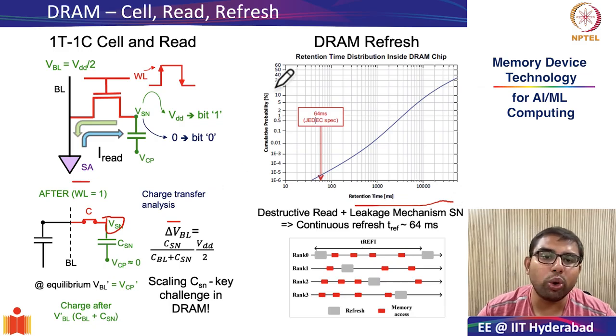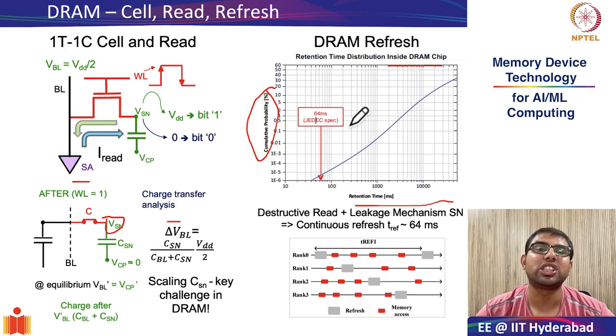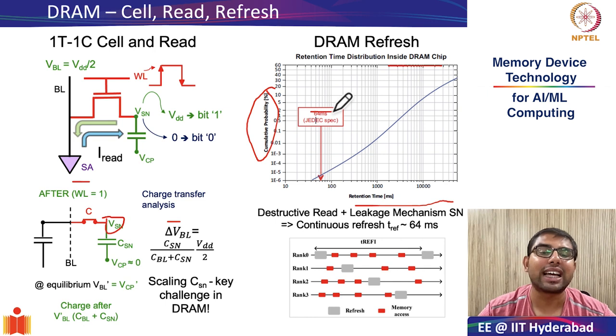It is determined by looking at the cumulative probability percentage of the retention time distribution inside the DRAM cell, and the JEDEC specification suggests that at least 1e minus 6 percentage of cells should meet the specification of 64 milliseconds of retention time. Also, we saw that the concept of refresh happening every bank along with the concept of interleaving helped in improving the throughput of your DRAM subsystem.